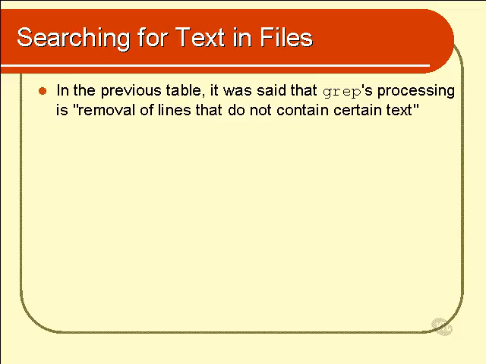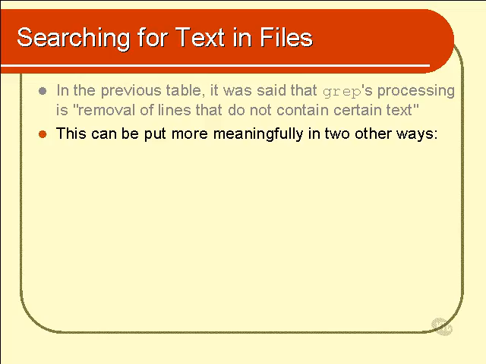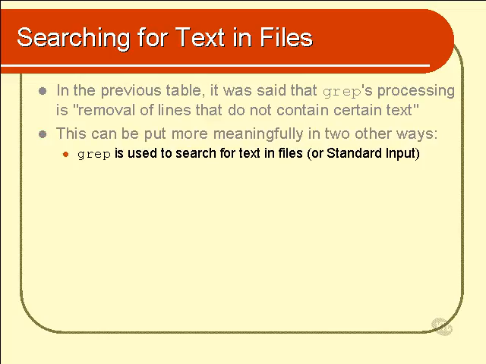But I'd like to rephrase that in two other important ways. You could say that grep is used to search for text in files, or you can use it to search for text in standard input. What this means is that if you specify a piece of text, say a word like your name or mark or anything you like, any word or other kind of text, and you also specify a file name, then grep will look in that file and print out for you all the lines that contain that text.